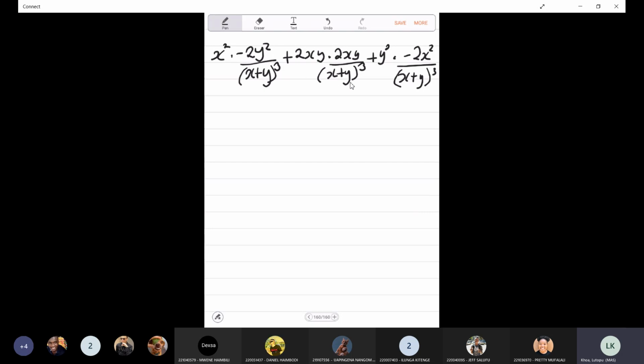So we can see all the denominators are the same, so we simplify as far as possible.